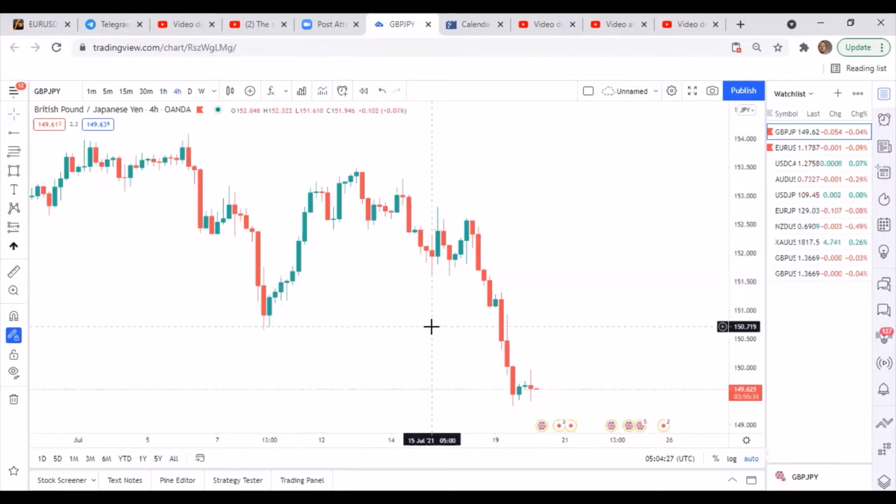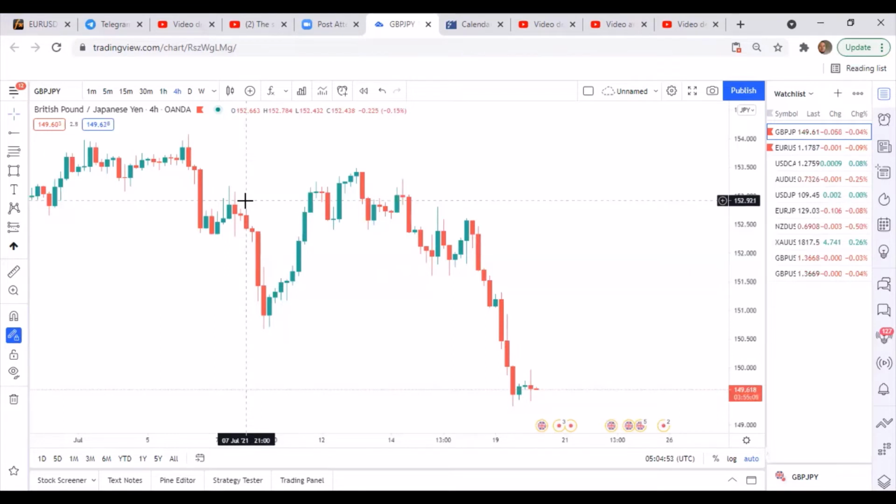So on the 4 hour I mark out my levels, then on the 15 minute I enter my trades. The reason I'm going down to a lower time frame is that I can get the right candlestick patterns and structure there so I can enter my trades. The 4 hour is just for the levels: looking at the 4 hour levels, entering on the 15 minutes.